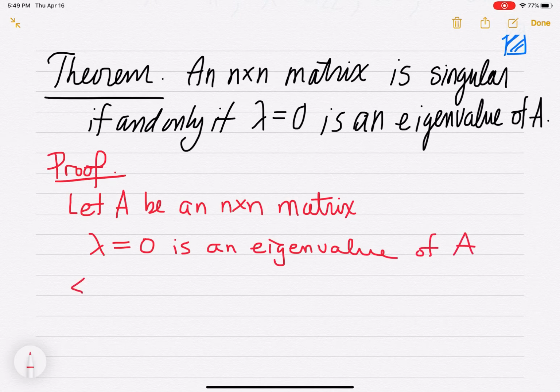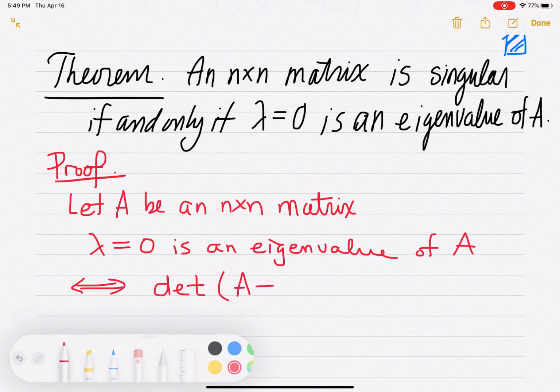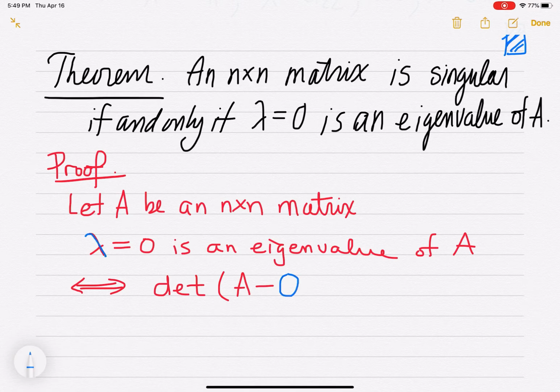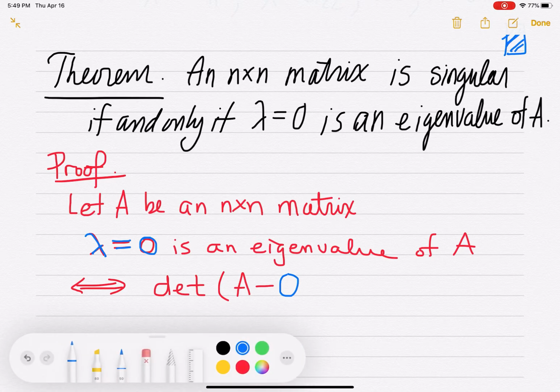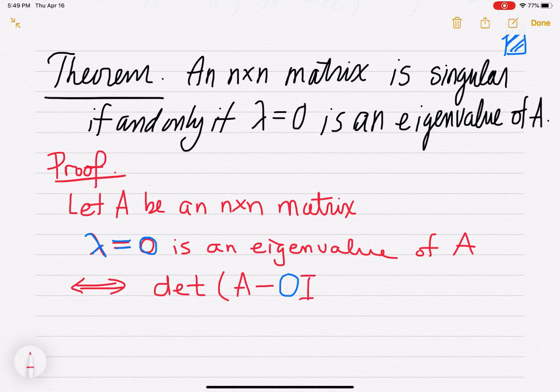That's equivalent to saying what? Determinant of A minus, rather than putting a lambda there, I'm going to put a 0 there. I'm going to let my lambda be equal to 0. Determinant of A minus 0 times the identity equals 0.